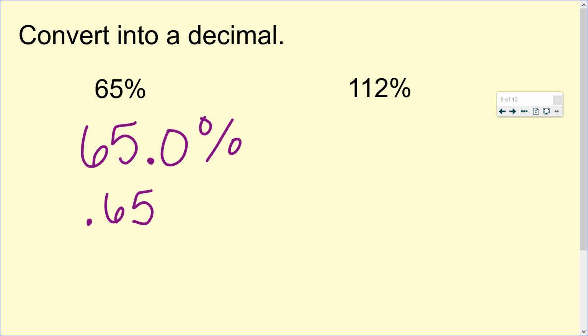So what would 112% be? Good, 1.12. Again, that decimal originally, when we see the percent, is after the 2. Move it 2 spaces to the left, which makes it back to a decimal. Okay? Good. Nothing crazy. Okay.